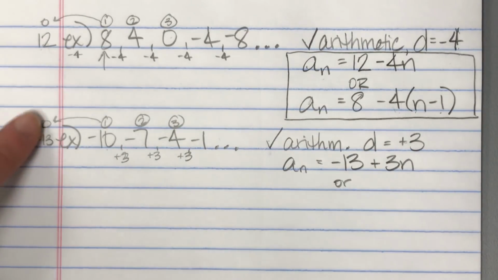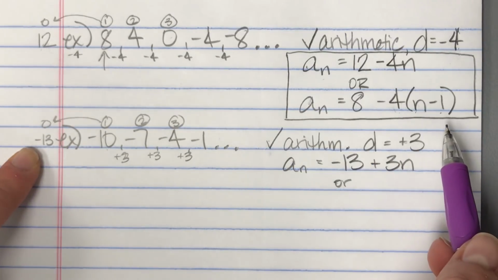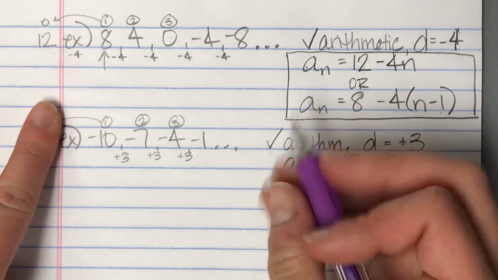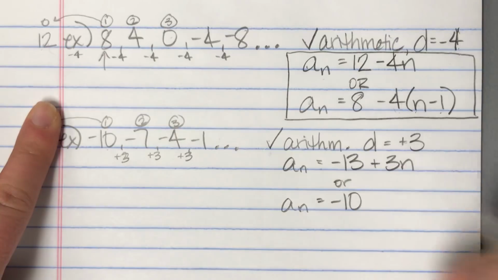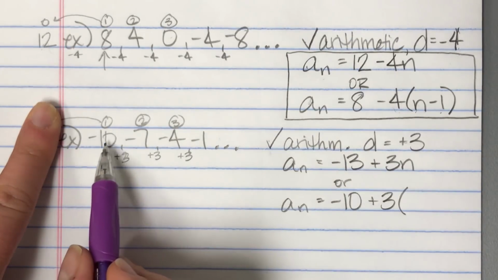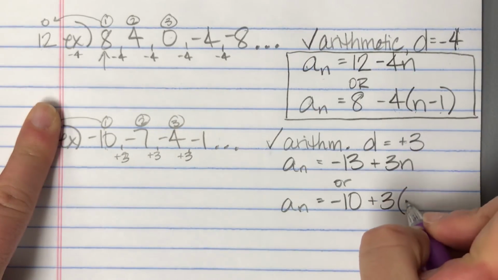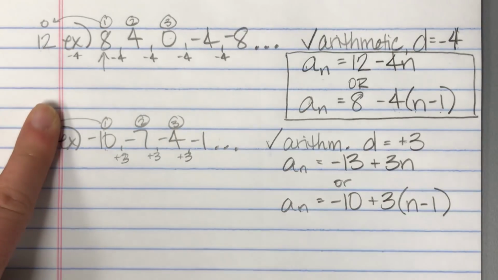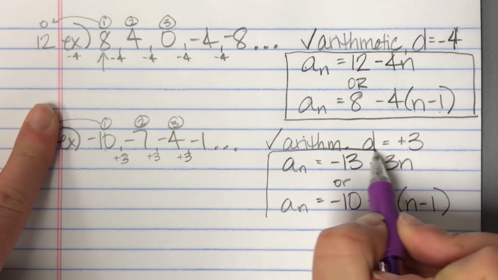Or if I don't want to do this math over here, the second formula looks trickier, but it's actually easier because you don't have to do any math at all. You say, okay, I started at negative 10, I'm adding 3 every time, but I know I cheated because I don't have the 0 for the y-intercept, so I just put n minus 1 and that makes the adjustment for me, okay? I hope that helps you write these formulas.